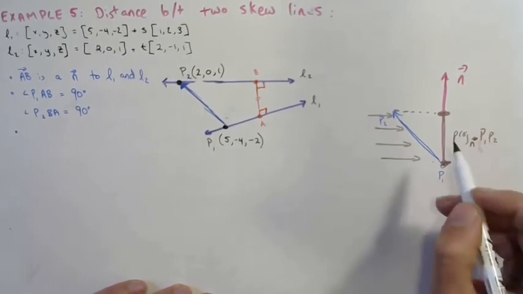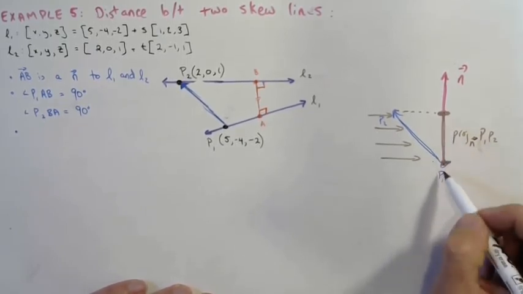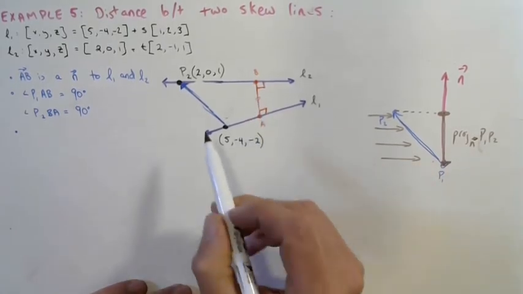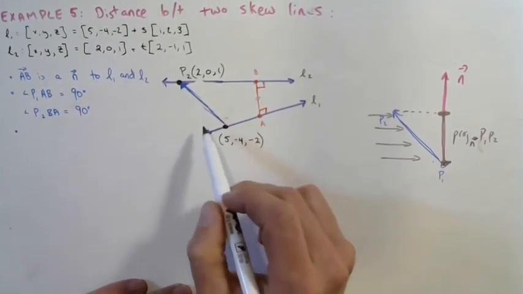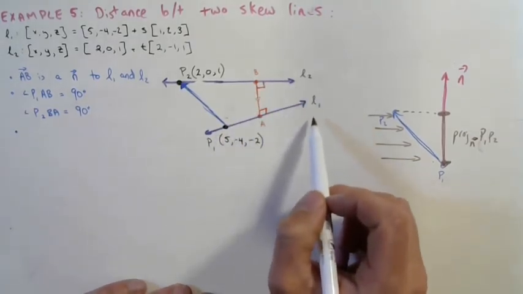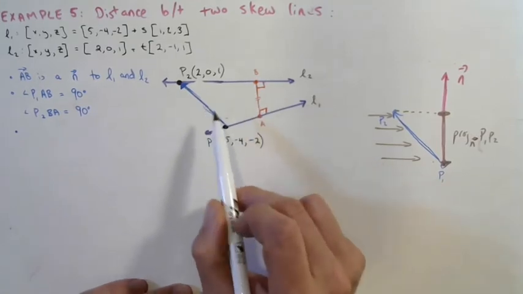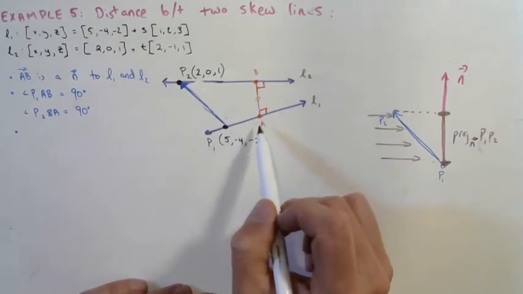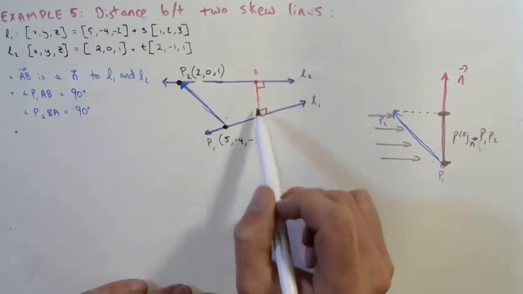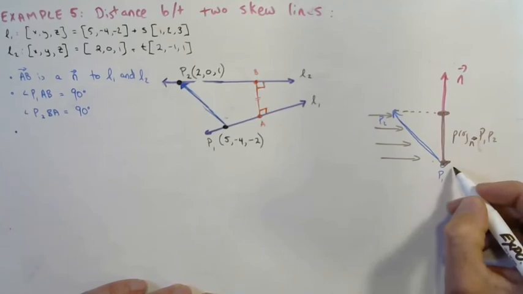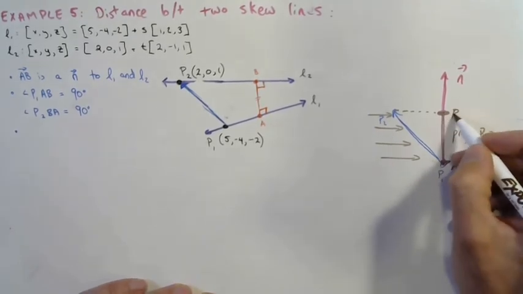And this length is the exact same as the length AB. So the projection of P1P2 onto the normal of L1 and L2 is going to have the same magnitude as the line AB and is in the same direction. So in a sense, what we can do is we've basically said this is AB.